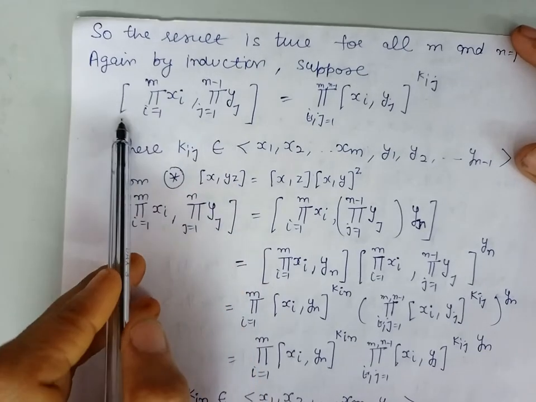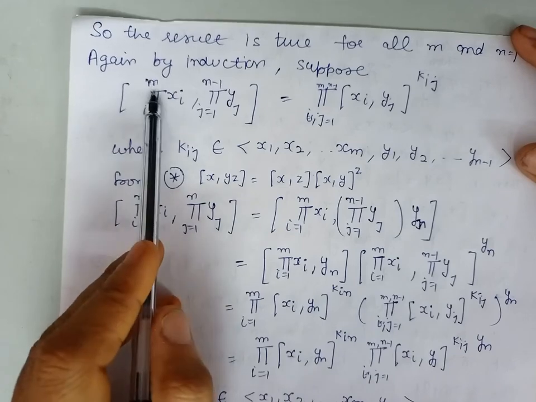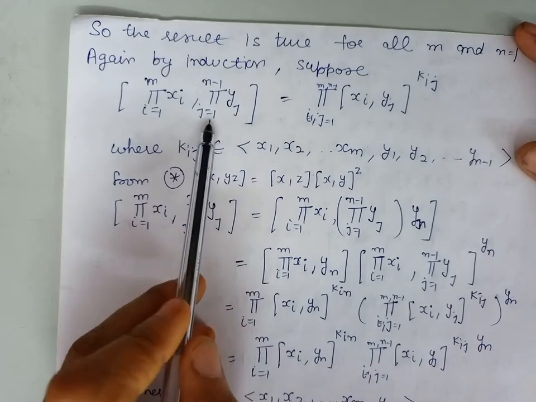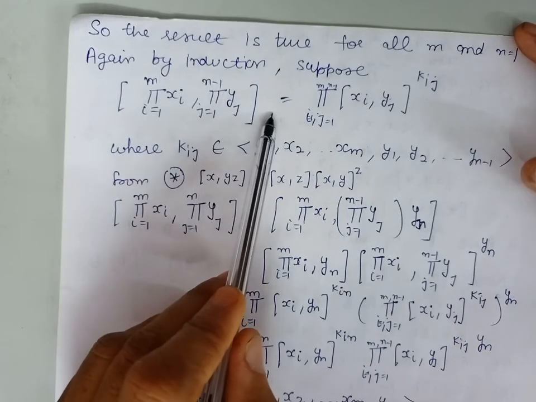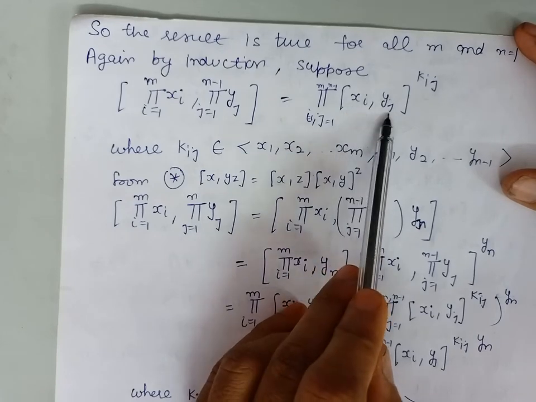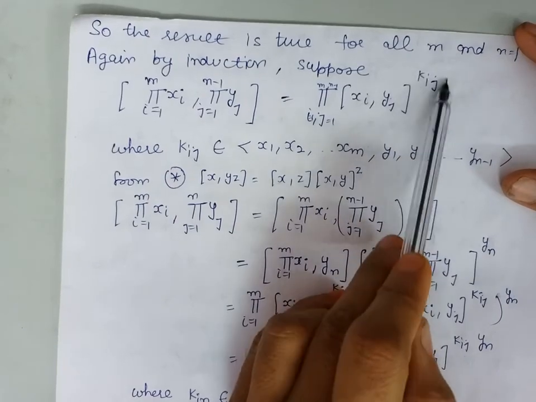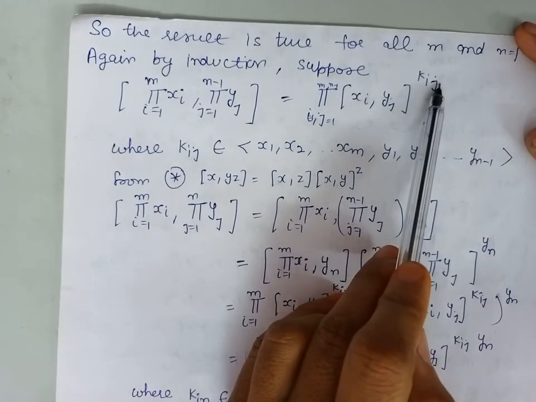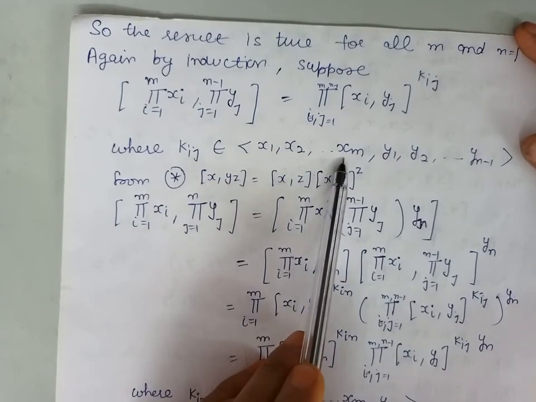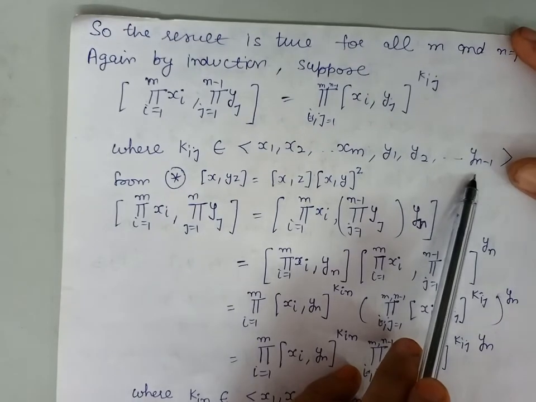It means the commutator of the product of xi's, where i varies from 1 to m, with the product of yj, where j varies from 1 to n minus 1, is equal to the product of the commutator xi with yj in the power we have taken kij, where kij belongs to the set generated by all these elements x1, x2, x3 up to xm and y1, y2, y3 up to yn minus 1.